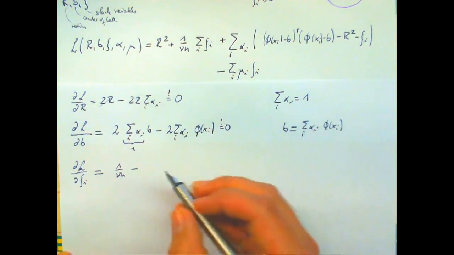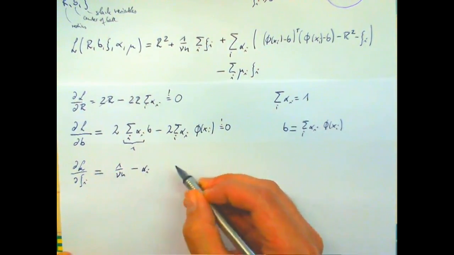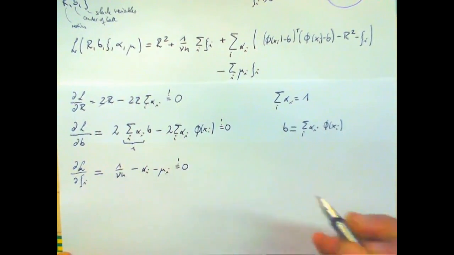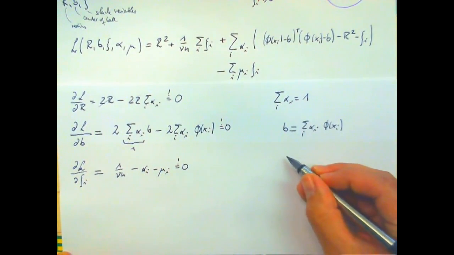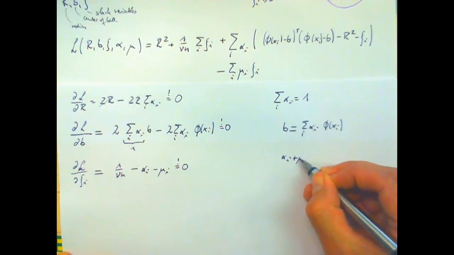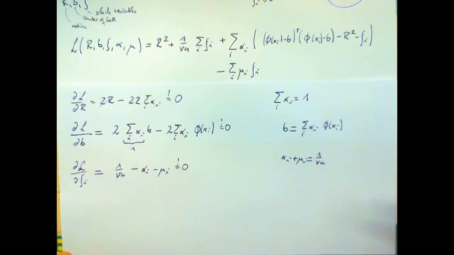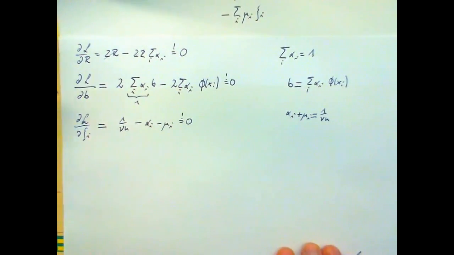Gives me minus alpha_i, and then there, minus mu_i. Okay, then I can build the Wolfe dual.